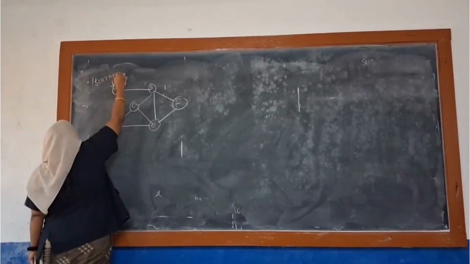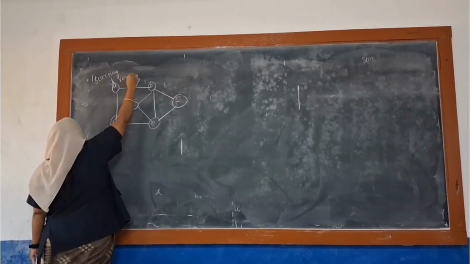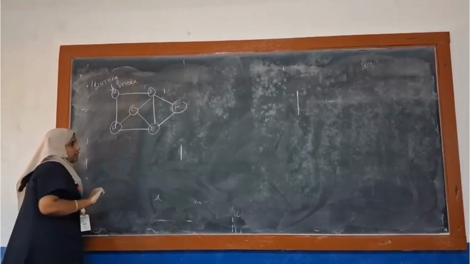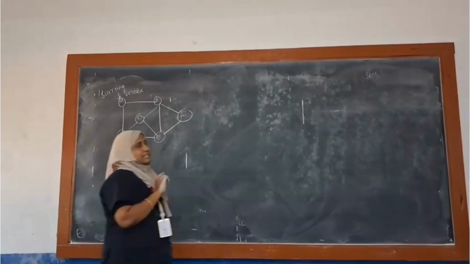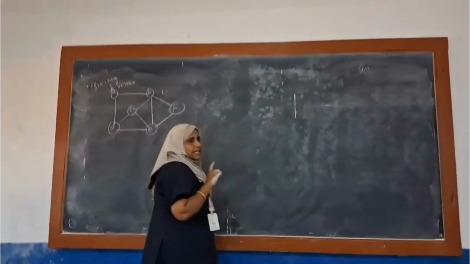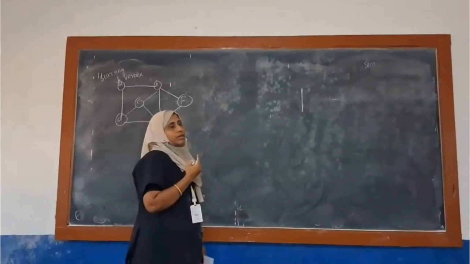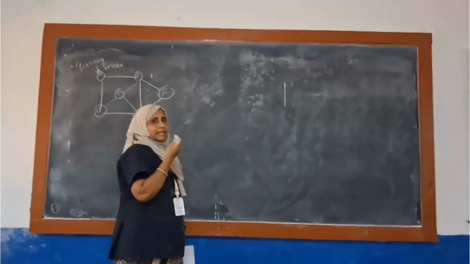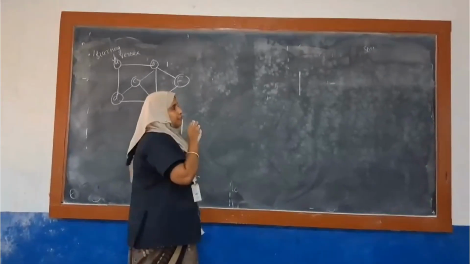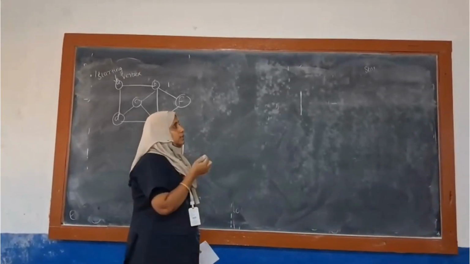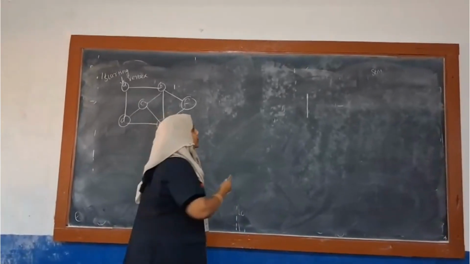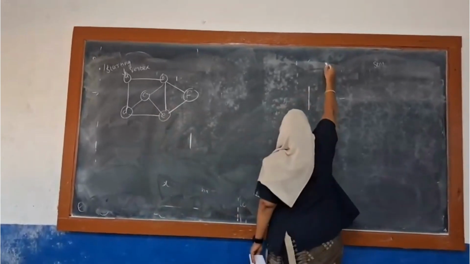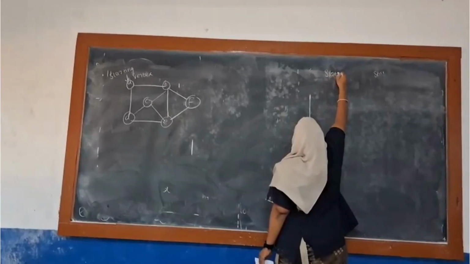The starting vertex is A. Fine. So now I'm going to construct the state space tree. By using the state space tree, I'm going to perform backtracking. Using backtracking, I'm going to find the Hamiltonian cycle of my given graph.